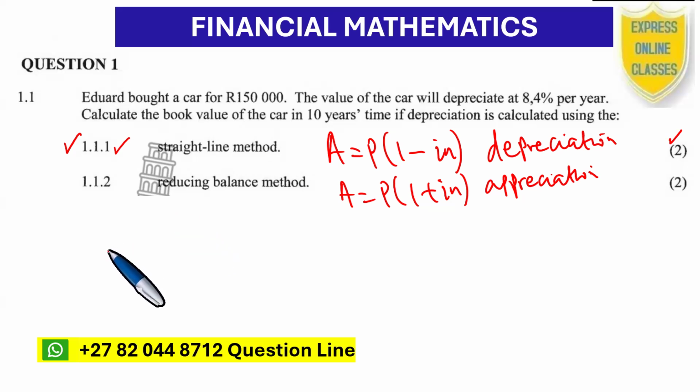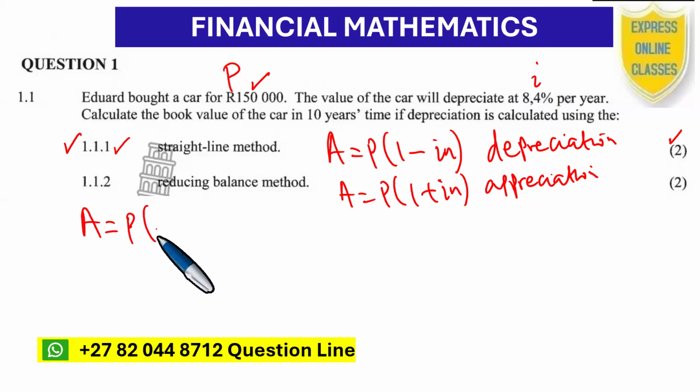24,000. Well done, 24,000. Because you recall that we said Edward bought a car for 150,000. That is the principal. And it will depreciate at this rate, which we call the interest rate, i. With that in mind, I'm excited that you're able to remember that we're going to use P(1 - in).